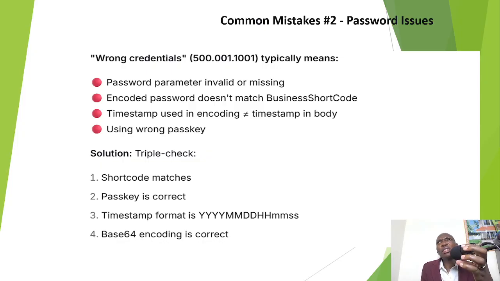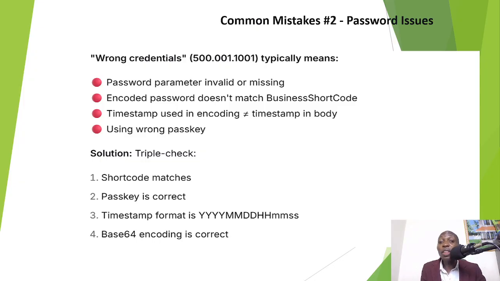Check that the business shortcode you are using in your payload is the same as the one you are using to construct the password. The other one is the timestamp used in encoding not being equal to the timestamp in the body. The two must match. Whatever timestamp you are using in the body should be equal to the timestamp you are using to construct this password.